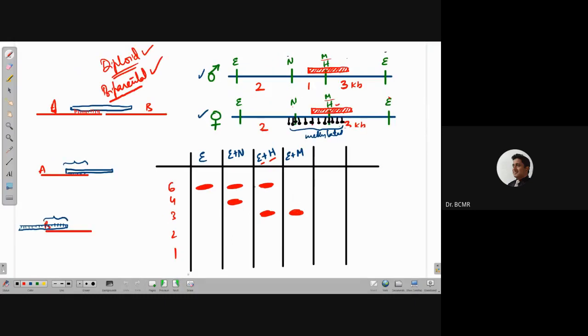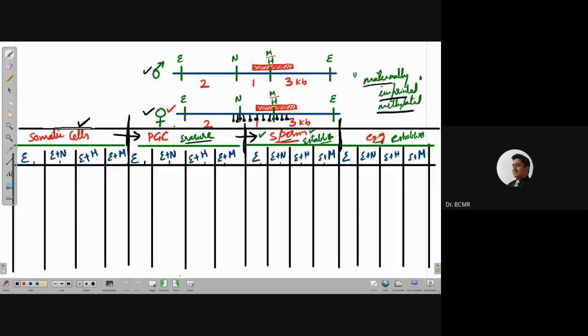In the next one, I increased the complexity by adding 2 sets, that is diploidy, where methylation also comes in. And finally, we have the whole developmental stages, at least the germline developmental stages. The point of this whole exercise is your ability to think critically in complex situations. So I'll be waiting for your answers.